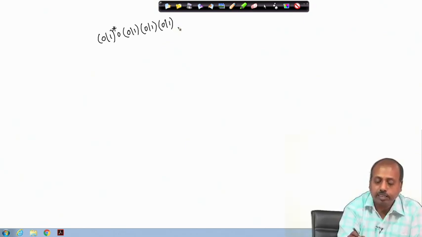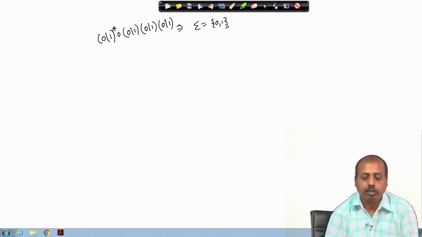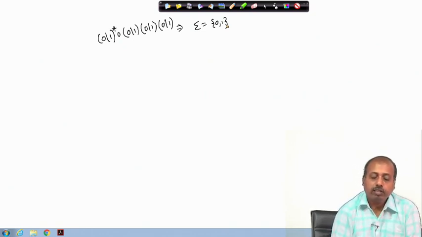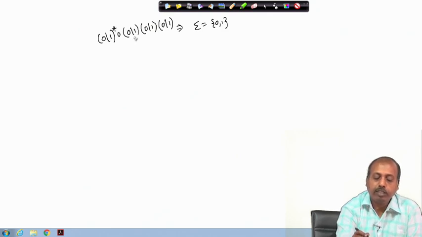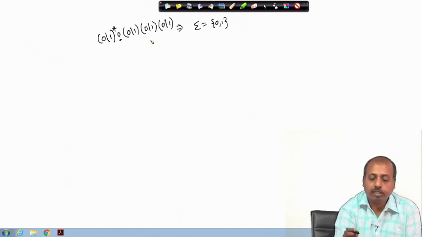If you look at it carefully, the alphabet set is 0, 1. So, it is actually strings over the symbols 0 and 1, and if you look into it carefully, then the fourth last character is always 0. All the strings where the fourth last character is 0 are the valid strings of this language.